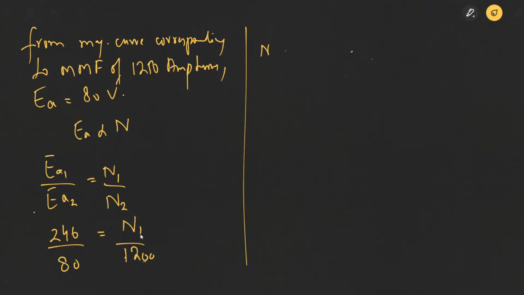We need to find out the actual speed corresponding to the current of 50 amperes, for which the voltage was 246 volts.